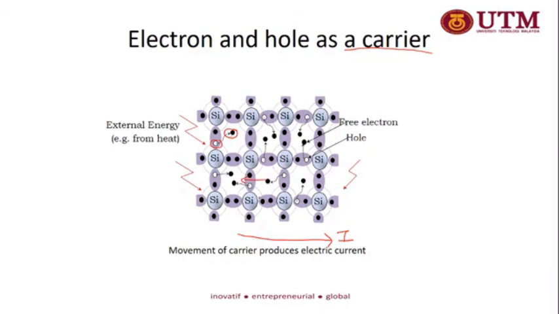But anyway, this is just a simple explanation. I don't want to explain in detail, but the important point is you need to be able to recognize free electrons and holes as carriers. These are the particles that contribute to the production of electric current. So free electron and hole, these are the two carriers.